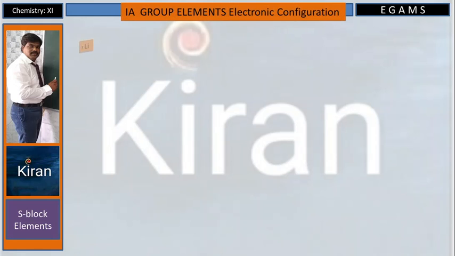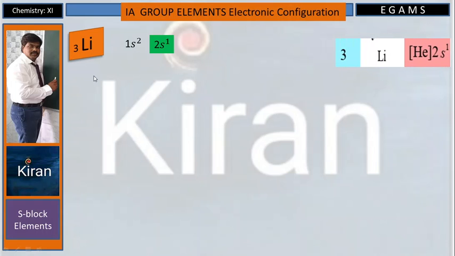1A group elements electronic configuration. Lithium atomic number is 3 and its electronic configuration is 1s2, 2s1. With respect to helium, atomic number 2, we can write 2s1.